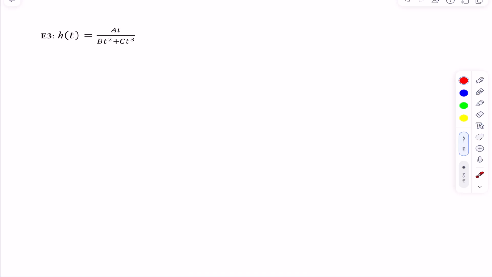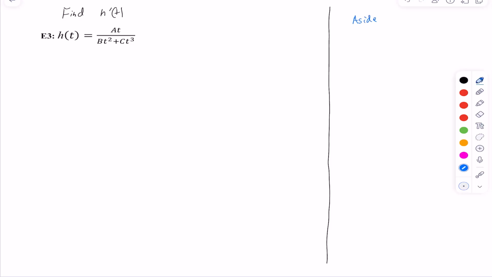Let's look at a couple examples where you need to find the derivative function for a quotient. As usual, leave yourself lots of room on your paper, and if you need to organize any labels, I recommend that you put them aside and label them off to the far right.